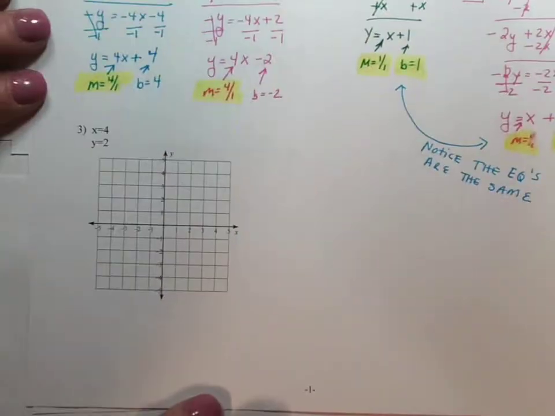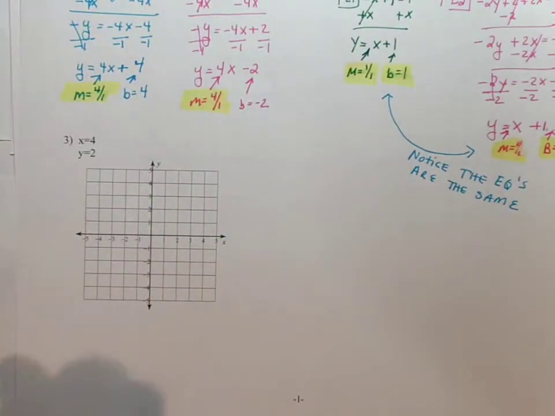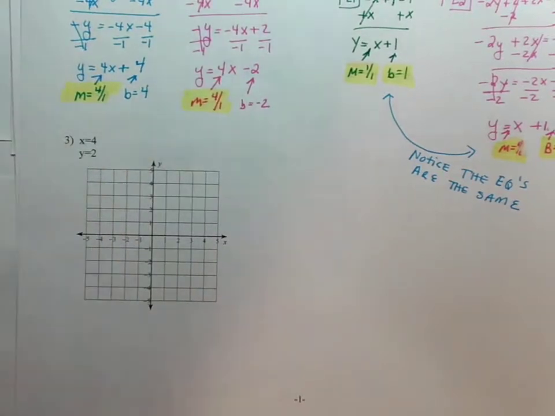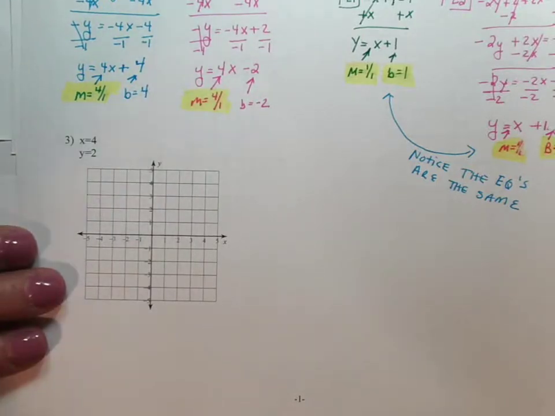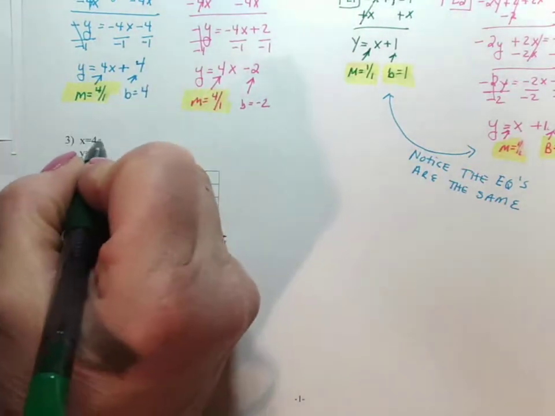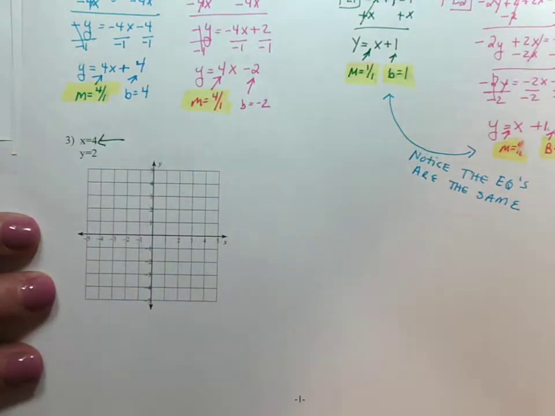Our third problem is kind of a special case because students kind of have a hard time realizing horizontal and vertical lines. X equals a number.